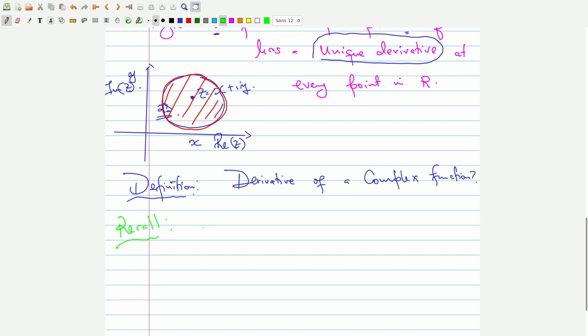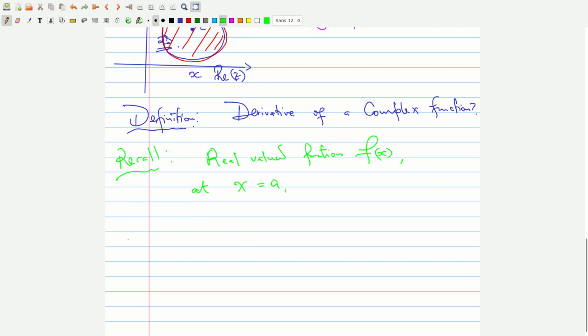For a real valued function f of x, we say that it is differentiable, it has a derivative at x equals a, if this limit exists: the limit of f of a plus delta x minus f of a, all over delta x, as delta x approaches 0.